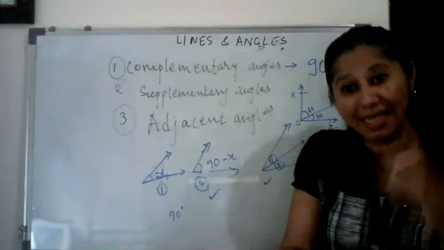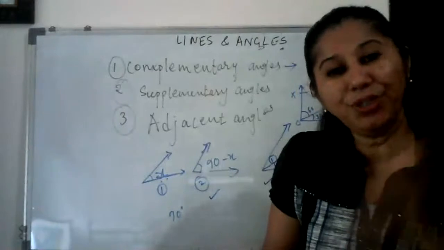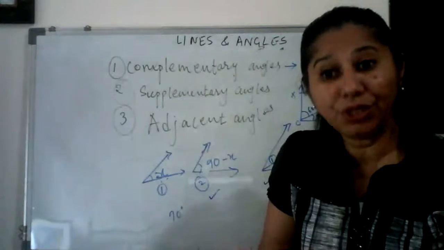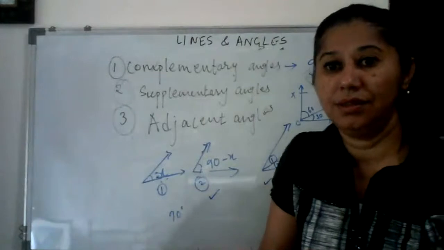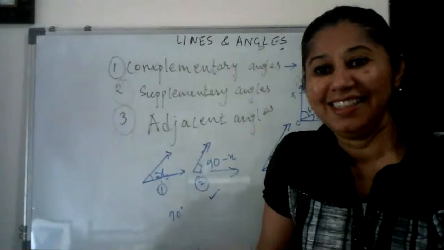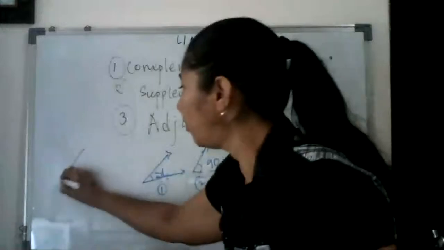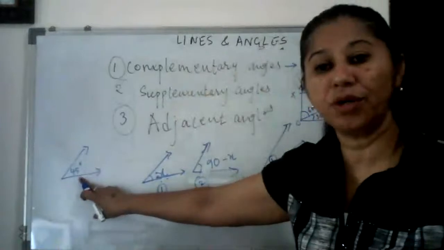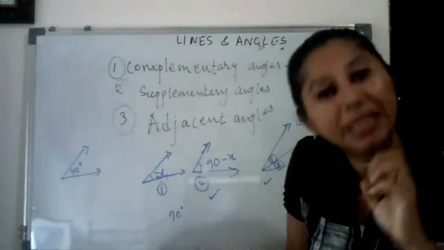Okay. Could you tell me, listen to my question, could you tell me the angle which is equal to its complement? Is there any angle which could be equal to its complement? Is it possible? Are you with me? Are you able to understand me what I'm asking? Yes, you are right, Anushka. 45 degree. If I draw the angle of 45 degree, तो इसका जो complement होगा वो भी 45 degree का होगा, because 45 and 45 will give you 90 degree.